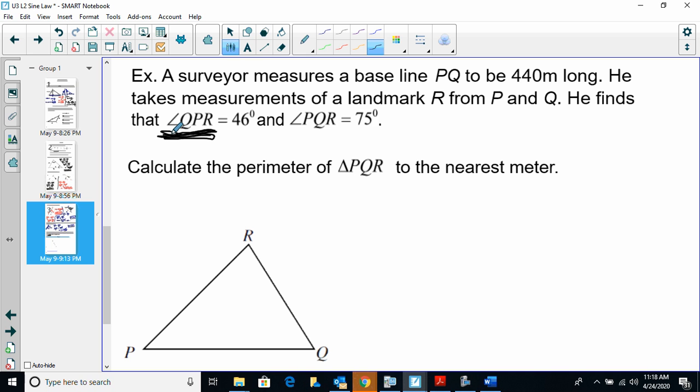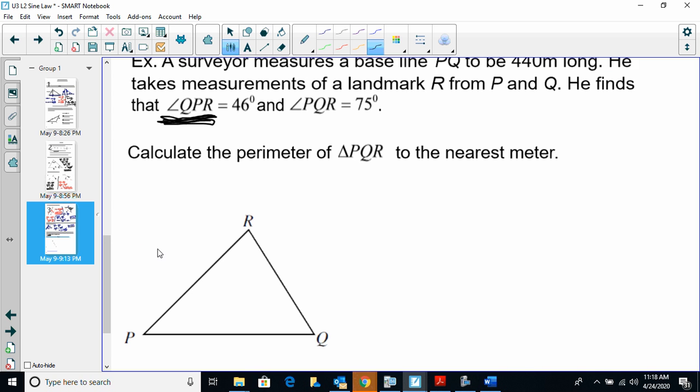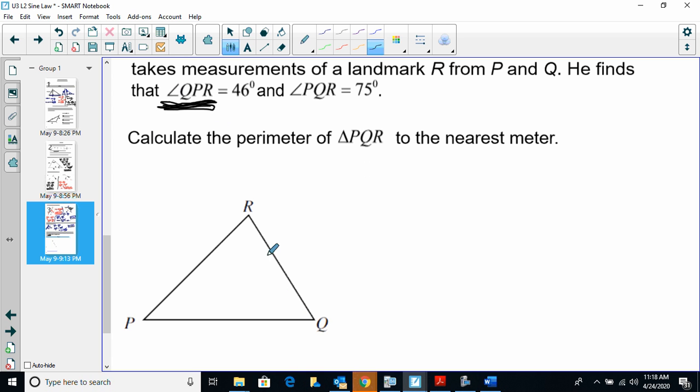Up to now, we have reviewed the angle with one letter, but then suddenly you see it with three letters. There is nothing to panic, because the way that you will read it is like this. You start at Q, P, R. The angle that is formed is this one here. So the letter in the middle is the angle. Or the other one, P, Q, R, which is this one here.